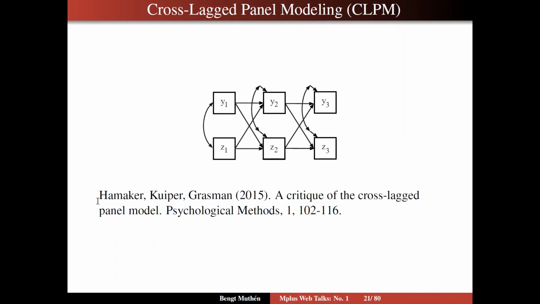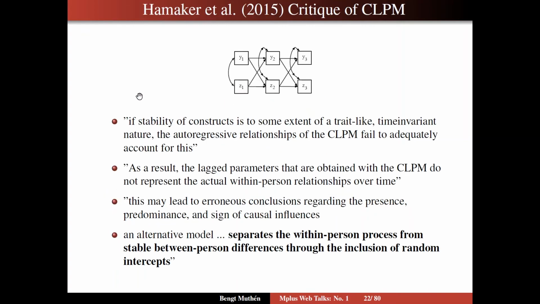Now, it's an interesting article by Hamaker and others in Psychological Methods where we have a critique of the cross-lag panel model laid out. And that standard cross-lag panel model is criticized on the grounds that, here we quote from the abstract, if stability of constructs is to some extent of a trait-like time-invariant nature, the autoregressive relationship of the CLPM failed to adequately account for this.